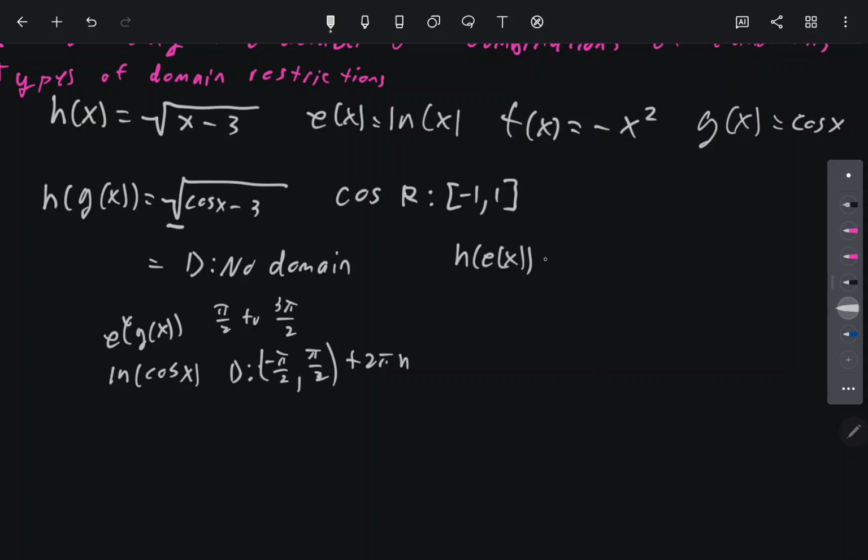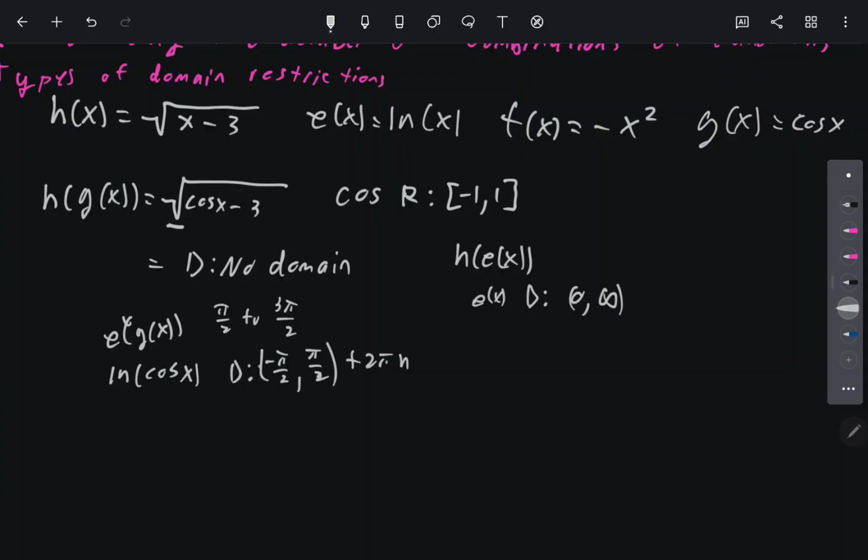So, e to the x is going to have a domain from 0 to positive infinity, not including either. So this is the domain of e of x.